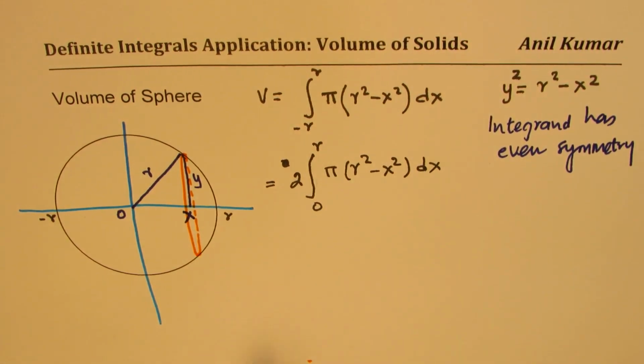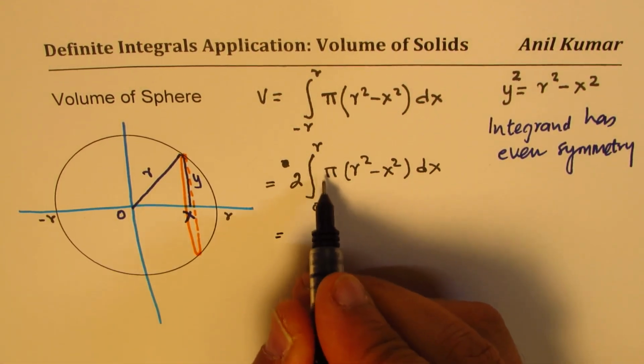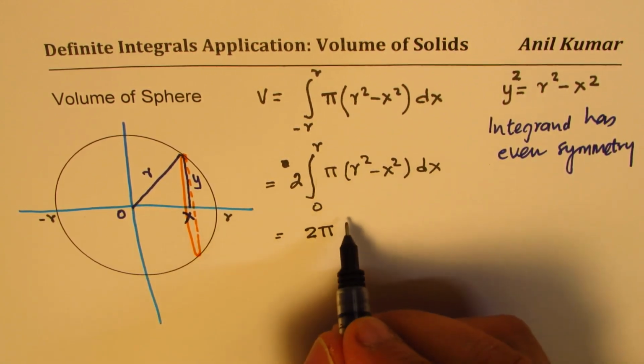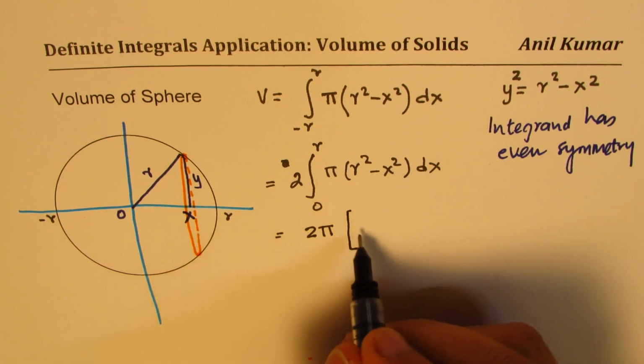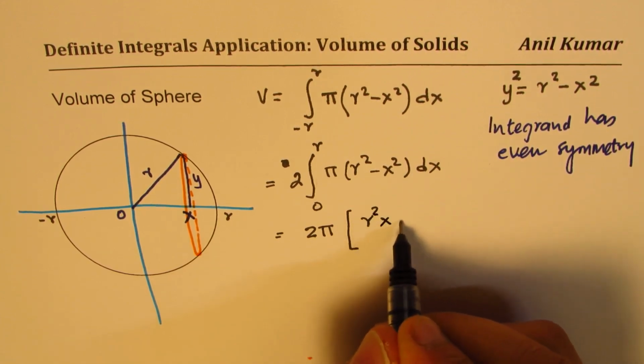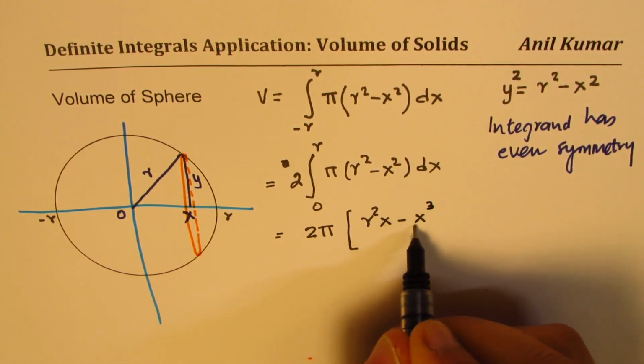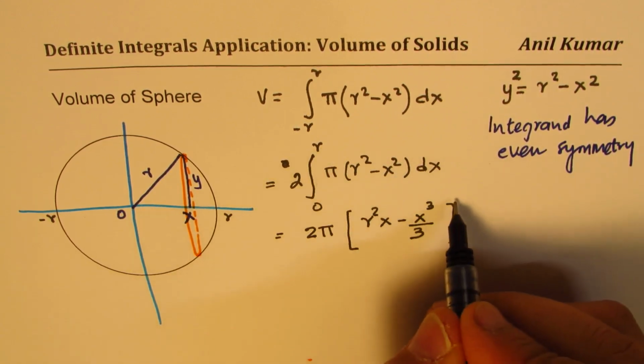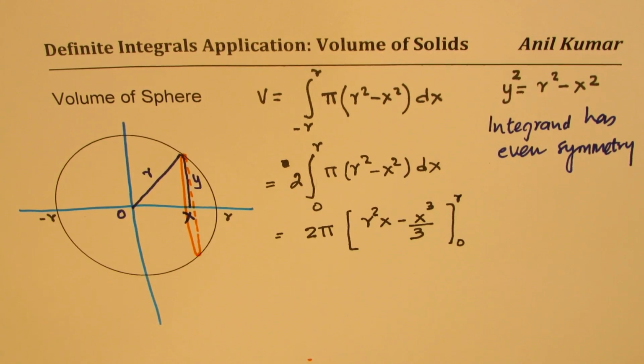Perfect. Now, pi is a constant, so we get 2 pi, and the integral of this portion is r square x minus x cube over 3, where the lower bound is 0 and the upper bound is r.